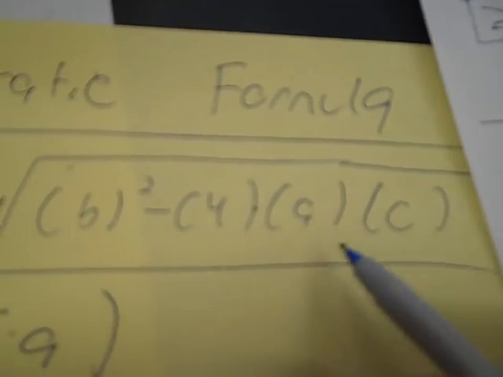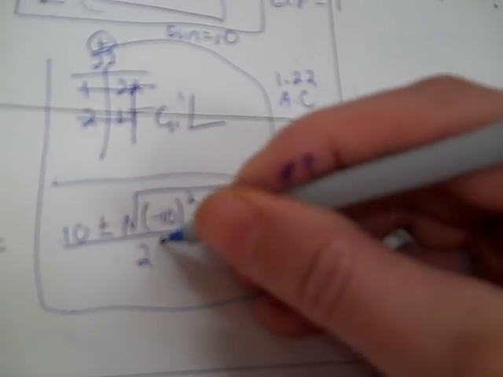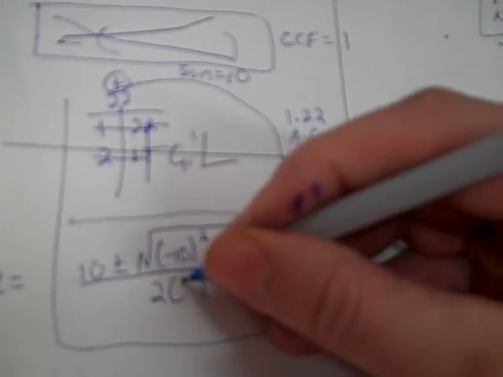So B squared minus 4AC, B is negative 10. A, or then 4, okay? A is 1, and C is 22, positive 22. And then 2, and then A is 1. Okay, leave that. I will tell you how to get the 2 answers tomorrow.